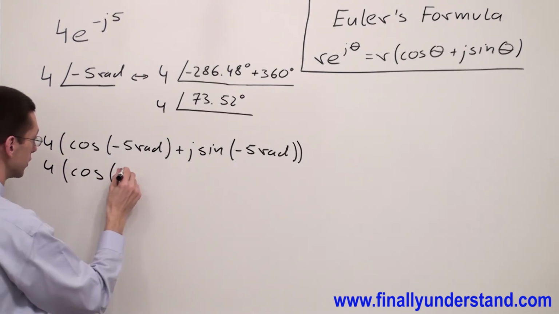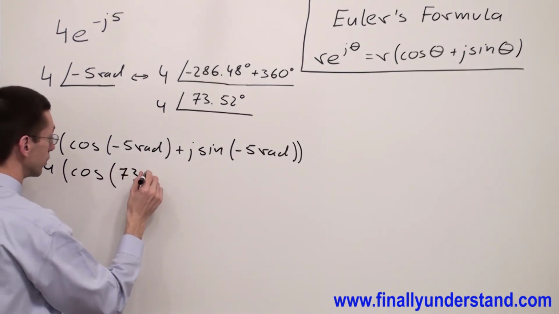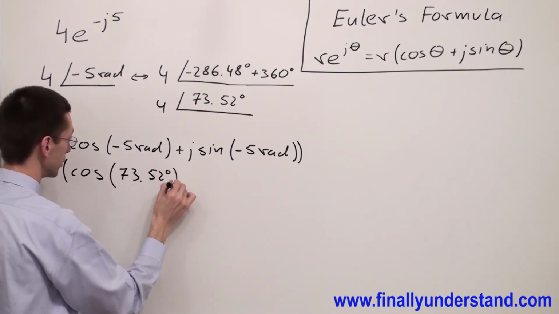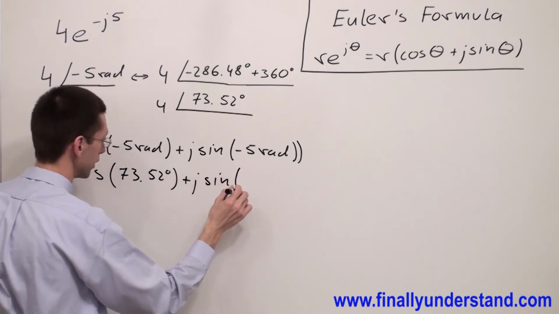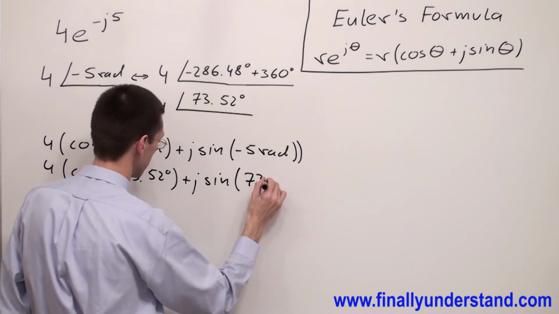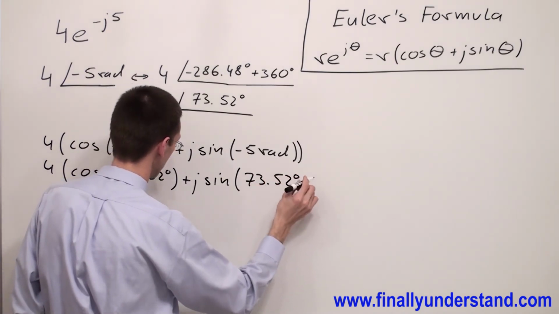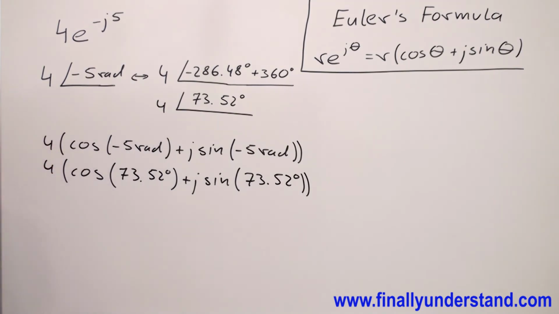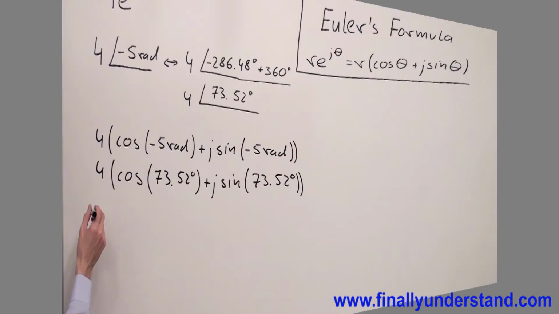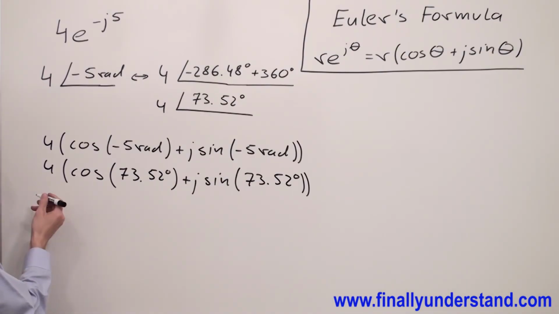I'm going to use 73.52 degrees plus j sine 73.52 degrees. Okay, this is my trigonometric form.